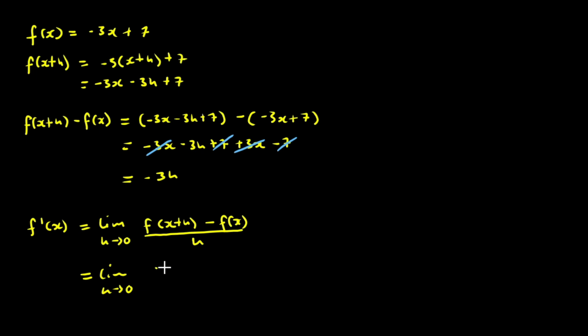That's minus 3h all over h. And we divide here and we are left with the limit as h goes to 0 of minus 3. We say that when there is no h here, we don't have to worry. We just write the answer like that. So that's what we do.